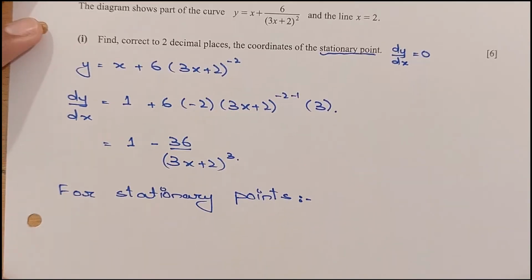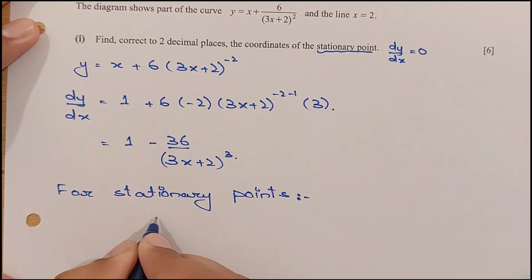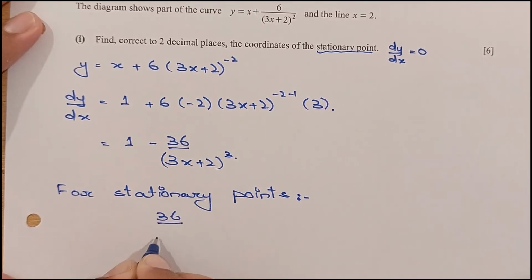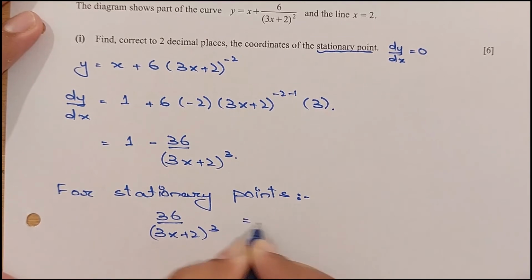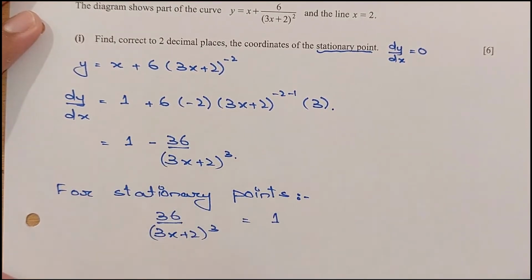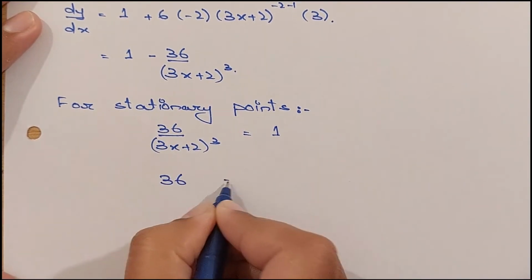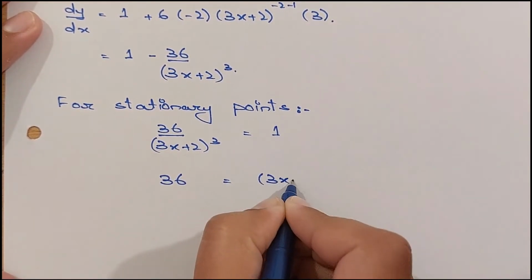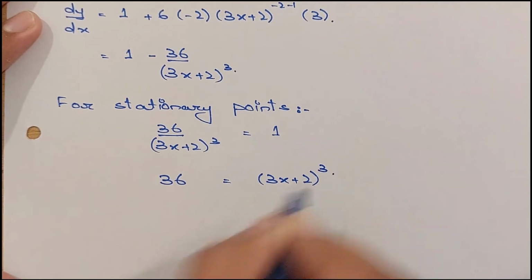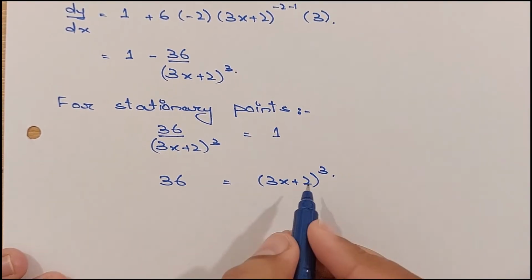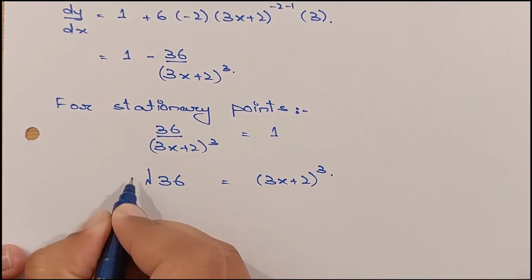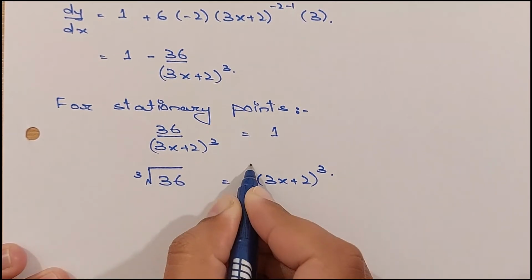Now let me solve, putting the derivative equal to 0. We can say 36 over (3x plus 2) cubed equals 1. This is negative, so shift it to the other side. Cross multiplying, 36 equals (3x plus 2) cubed. Now to solve for x, let me take the cube root on both sides.